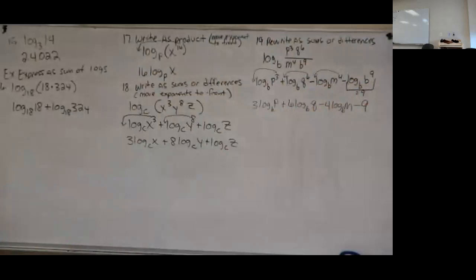That one, if you'd have done it on homework, you need to put minus 9 log B of B. The log B of B is 1, so it would have probably said, although you're correct, you're not in the right form.